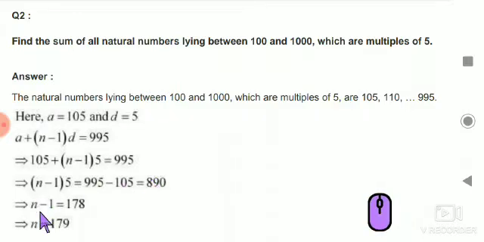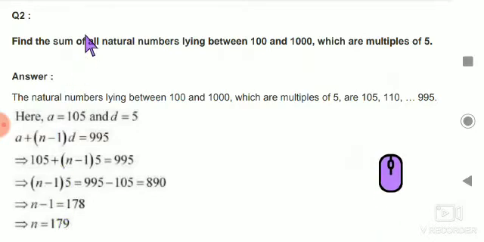Therefore, n minus 1 is equal to 890 divided by 5, that gives 178. Bringing the 1 to the right side, the n is nothing but 179. That is, 995 is the 179th term of the given arithmetic progression.